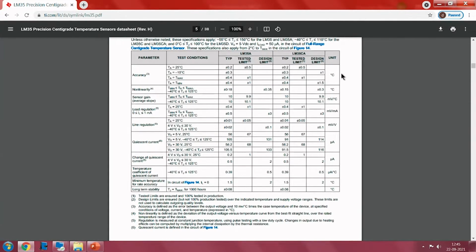Then the accuracy, the nonlinearity, then the sensor gain, average slope, again with small error. So it will be 9.9 to 10.1. That's why in most cases we will consider it as 10 millivolts per degree centigrade. Every 1 degree change in the temperature changes the output voltage by approximately 10 millivolts.